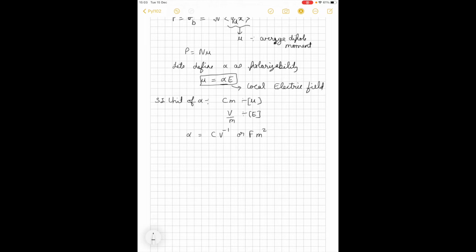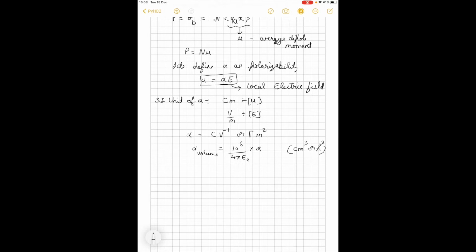But in general, we represent it as something called alpha volume, which will be equal to 10 to the power 6 divided by 4 pi epsilon naught times the alpha, and the unit of this alpha volume would be either centimeter cube or angstrom cube.